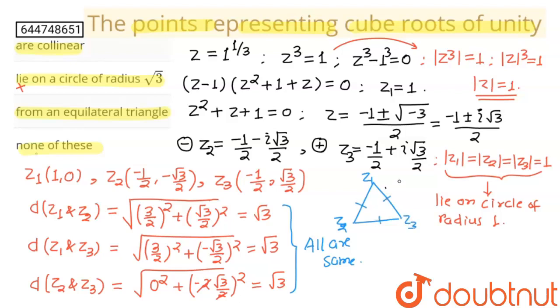All distances are equal, so this will form an equilateral triangle. They will not be collinear. The condition for collinearity is AB plus BC equals AC. If the sum of two distances is equal to the third, then we can say z1, z2, z3 are collinear.